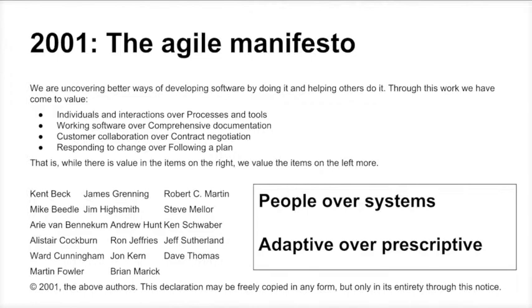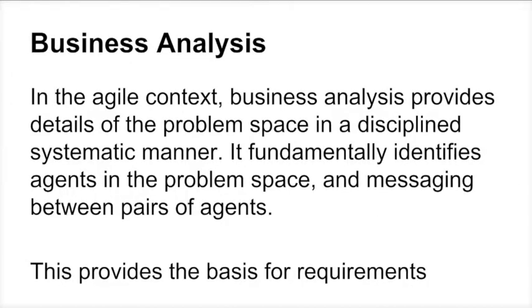So those two bold items on the right are my summary of this: people over systems, adaptive over prescriptive. So just going through those 16 items quickly.